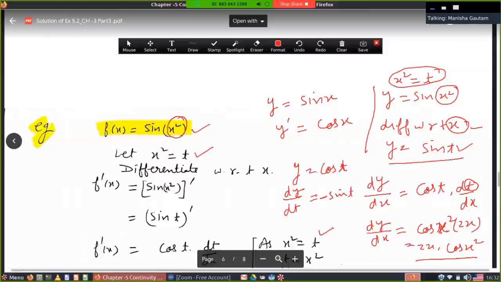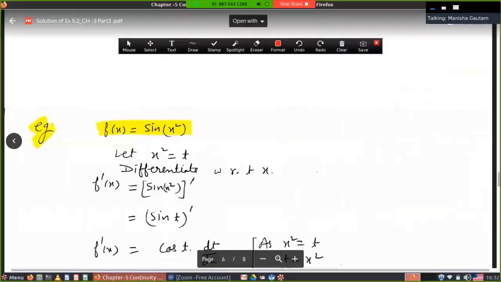Then there is no need to make the chain, because the function is required to be differentiated with respect to t. So if it is t and it is t, then you can apply the formula directly. If the function is given in t, but you are trying to calculate the derivative in x, it means you have to make the chain to solve the derivative.